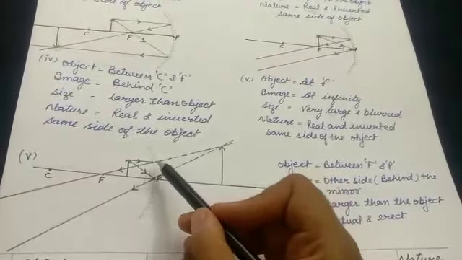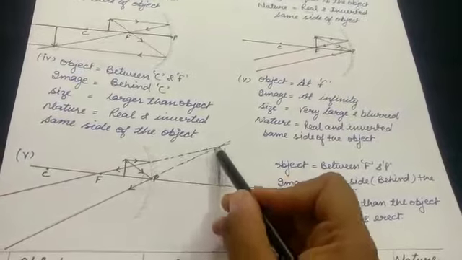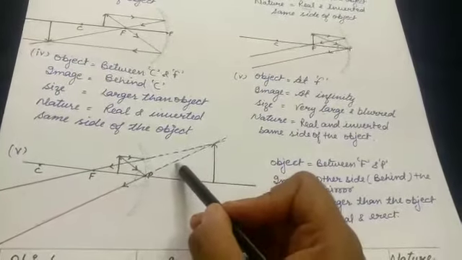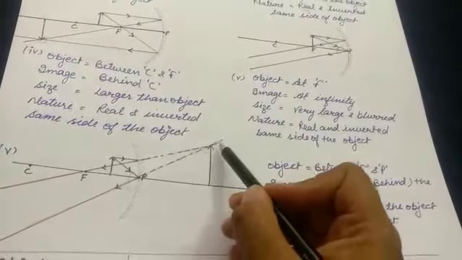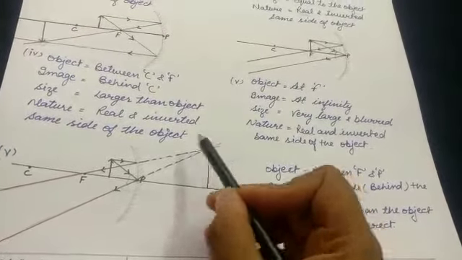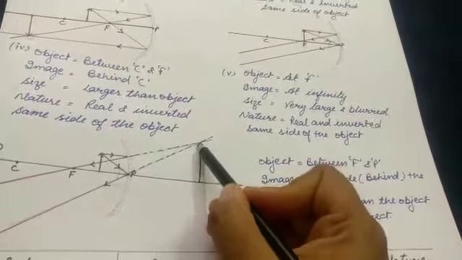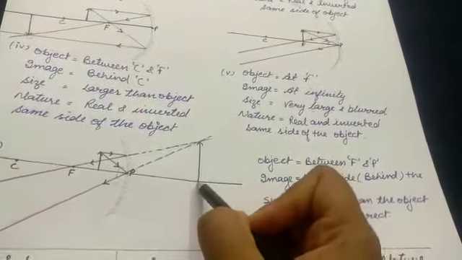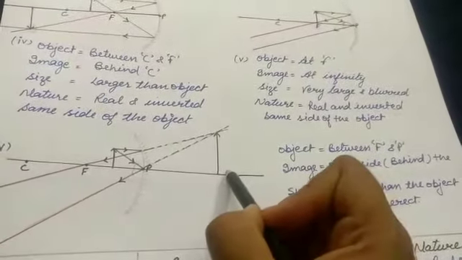What happens here is that if we imagine these light rays extended at the back, these imaginary lines intersect each other at this point. So the image of this point is going to be formed here, and in this way the image is formed behind the mirror, or we can say inside the mirror.